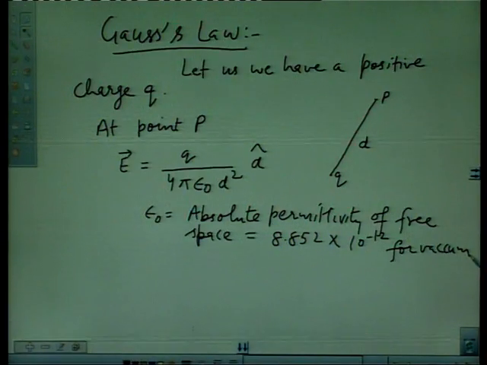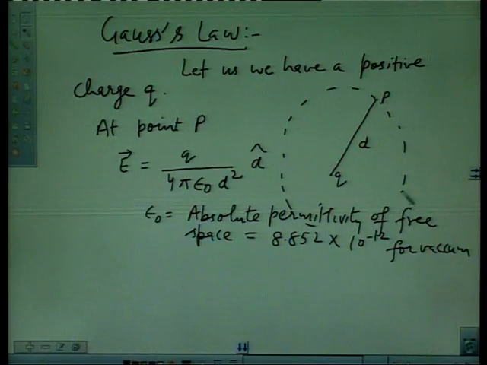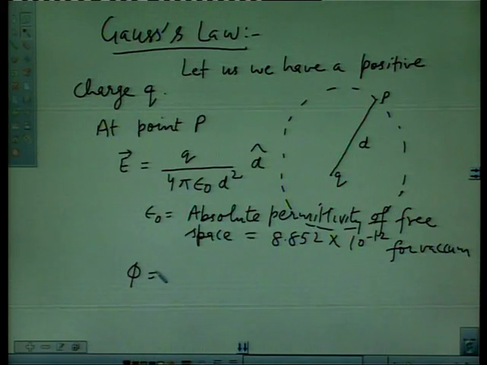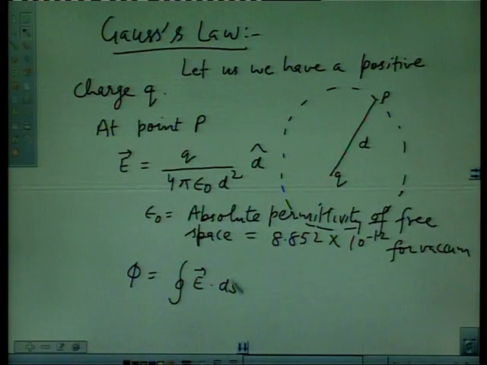According to Gauss's theorem, if we have any closed surface around this given charge, then the electric flux due to this charge q, which is phi, will be equal to the integral of electric field into ds vector.